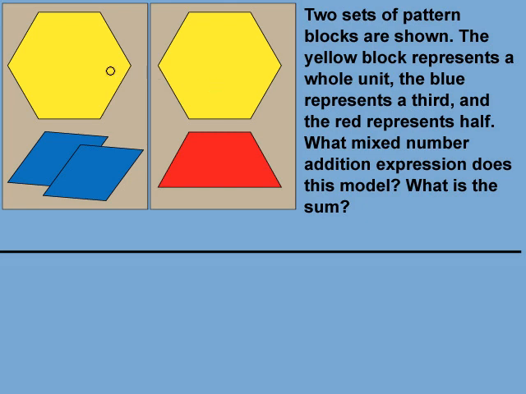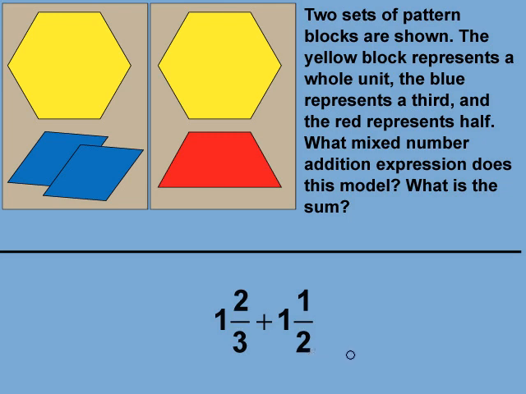The yellow hexagon models 1, the blue parallelogram models 1/3, and the red trapezoid models 1/2. The two sets of pattern blocks result in this addition statement: 1 2/3 plus 1 1/2.